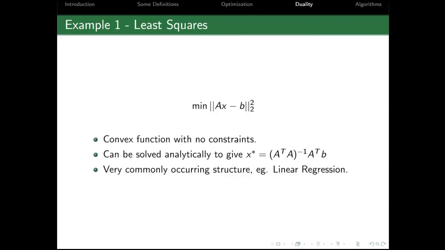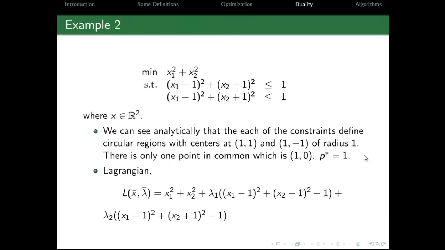You can clearly see that this is a convex function with no constraints, and we've already solved this while solving linear regression to get x star as (A transpose A) inverse A transpose b. So this is a very trivial convex optimization problem which you are able to solve just by differentiating.